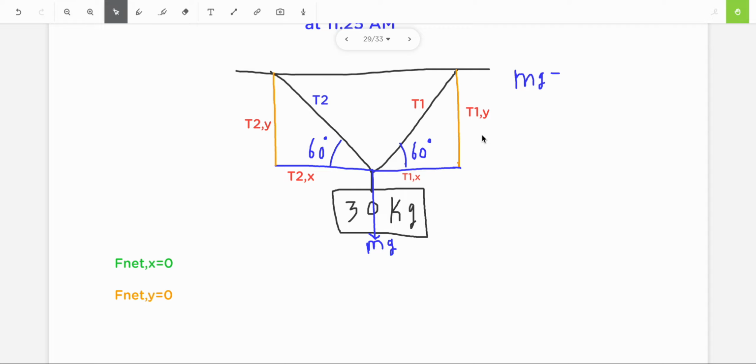The mg equal to mass times the gravity. The mass times the gravity, and the answer will be 294. I think let's calculate it on the calculator.